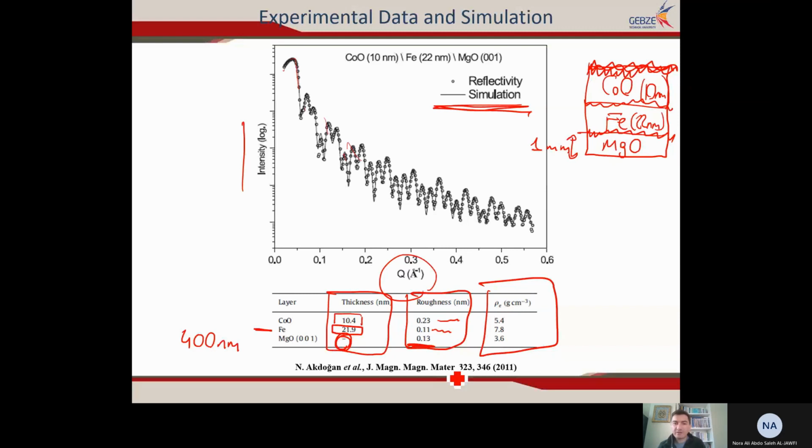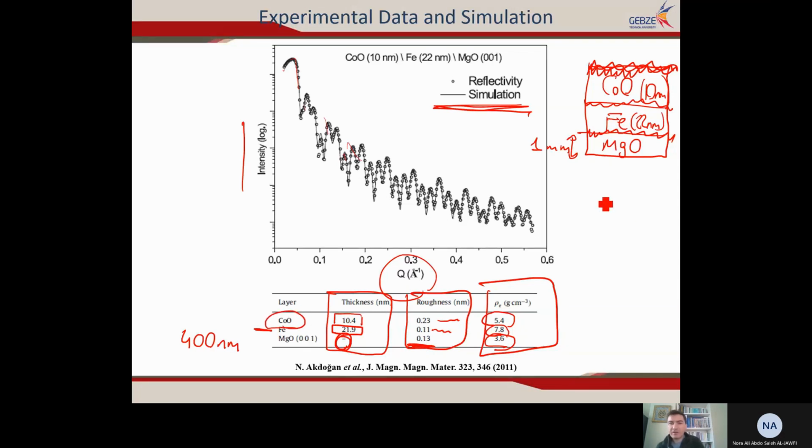And what about the electron densities? This is the electron density you can find from tables on the internet or in books, which belongs to pure MgO crystal. And this is the electron density of the pure iron crystal. Look at the electron density of the cobalt oxide.